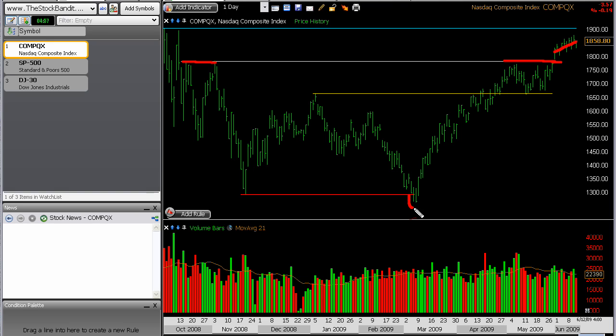The uptrend which started right here in March is still in effect, and this is continuation that we're seeing, but there is no momentum, meaning the bulls are not just taking off and sprinting. They're not running this market higher. So it's important to maintain some awareness of the overall uptrend that's still in place, and yet carefully walk that line between momentum and patience.